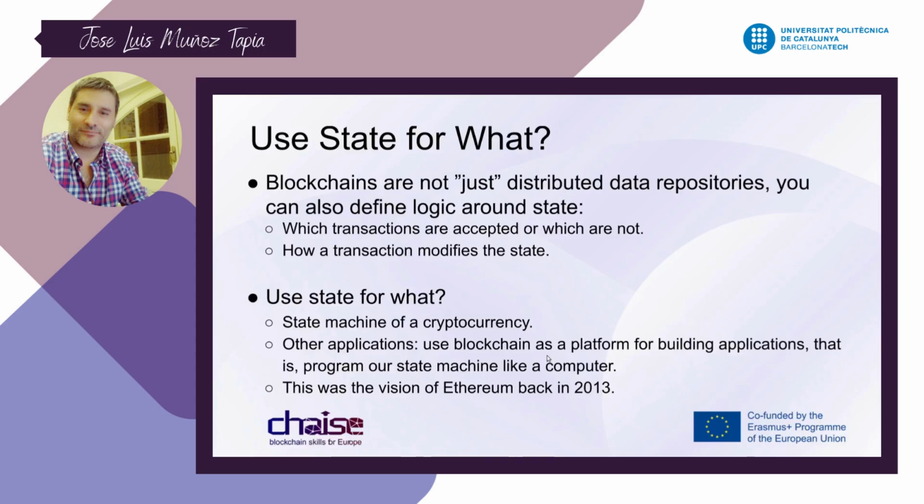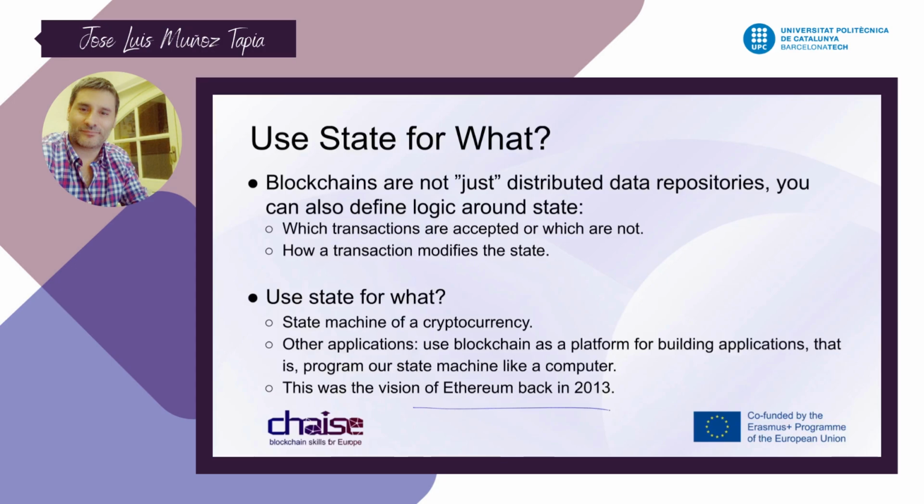But blockchains are not just distributed data repositories. They can also define logic around the state. The idea is, what are we going to use the state for? Obviously, to build a cryptocurrency, that's okay, but can we open this idea to more applications? And this was the idea of Ethereum back in 2013.